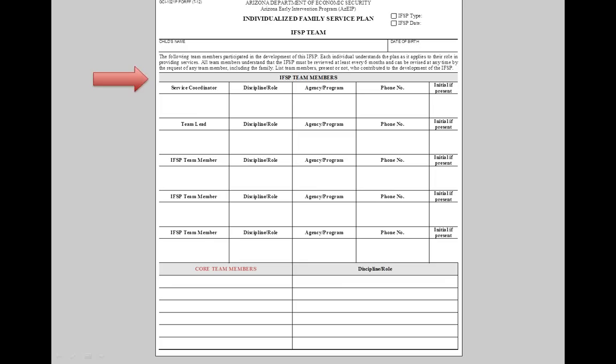For an annual IFSP, the service coordinator would list all team members currently working with the family. All team members present at the IFSP meeting will indicate their presence by initialing the last box in their row.